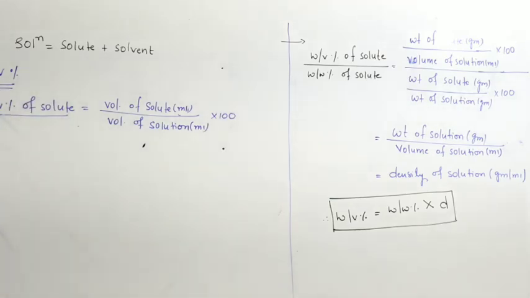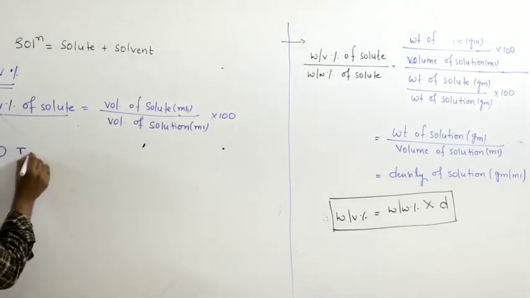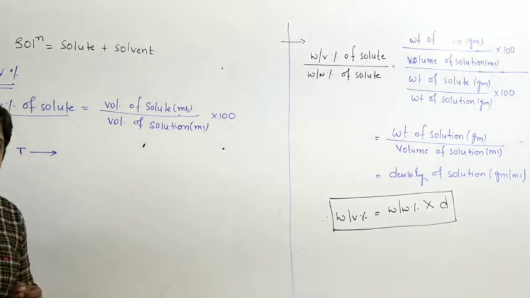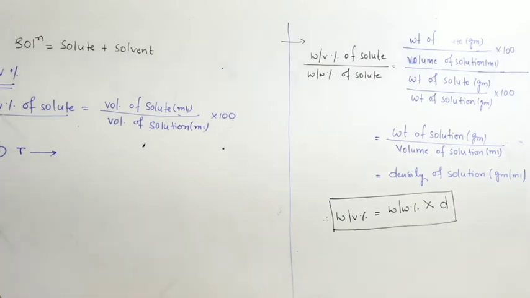Volume cannot be in grams, extremely sorry. Both are expressed in volumes. Since volume changes with temperature, volume by volume percentage depends on temperature because volume of solution changes with temperature.